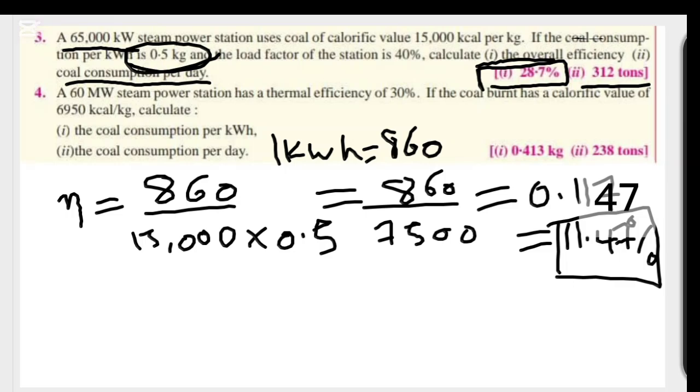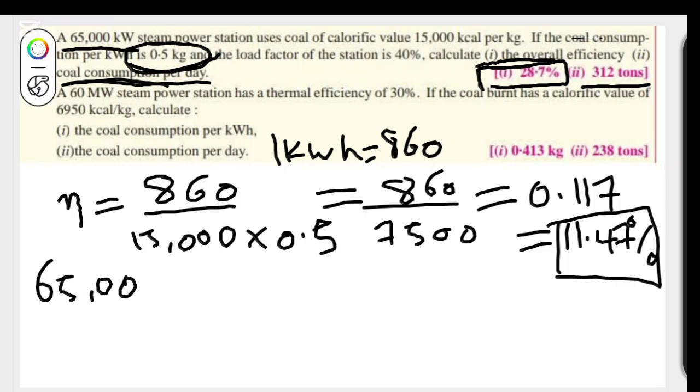So the next thing, it says we are to find the coal consumption per day. Coal consumption per day. So I have to first say that the 65,000 kilowatts. It says per day. Per day we have 24 hours. So I have to multiply it by this 24.